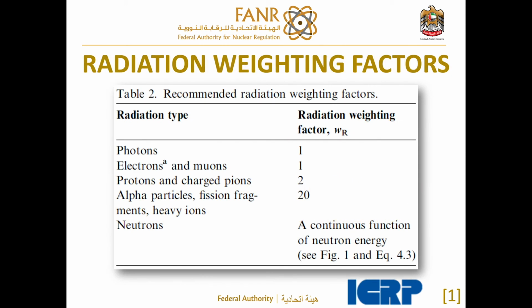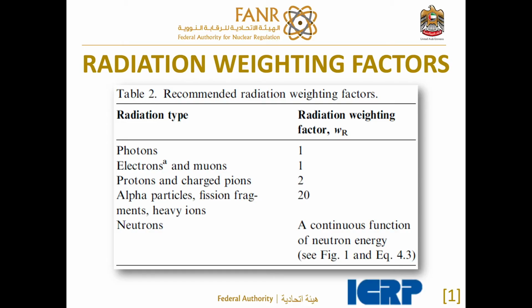These are the recommended radiation weighting factors by the ICRP, as mentioned before, the International Commission on Radiological Protection, which have also been introduced into the UAE legislation. Let's have a look at them. It's important to understand, the numerical values are very simple. They are rounded. So for photons, irrespective of the energy, the weighting factor is 1.